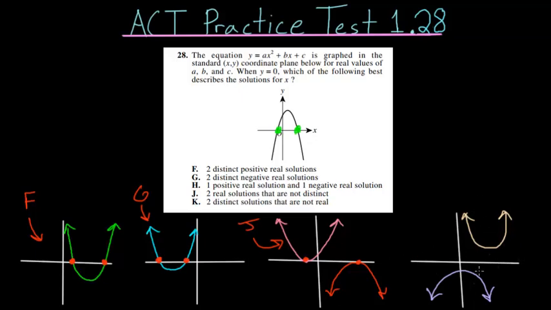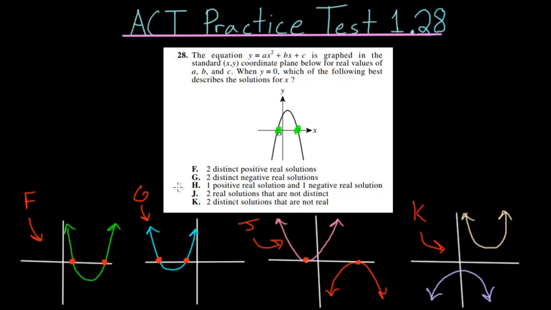So if you have graphs like this, where notice it never actually goes through this x-axis here, what that means is that if you actually solve the quadratic equation and solve for which values of x, where y is equal to 0, what you end up with is imaginary solutions, or complex solutions containing i, the square root of -1. So you'd still end up with two distinct solutions, but they would contain i in them. So this right here is choice letter K.